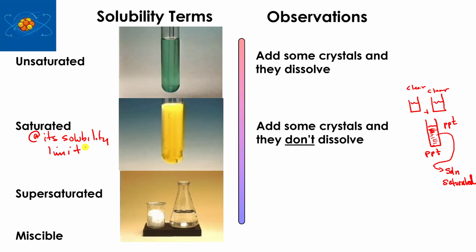But the trick is, in the definition of supersaturated, it's above the solubility limit, but it's not a stable solution. Saturated solutions are stable, that is, the concentration doesn't change, but in a supersaturated solution, they will eventually precipitate out. So supersaturated solutions are unstable, and they will eventually precipitate out.